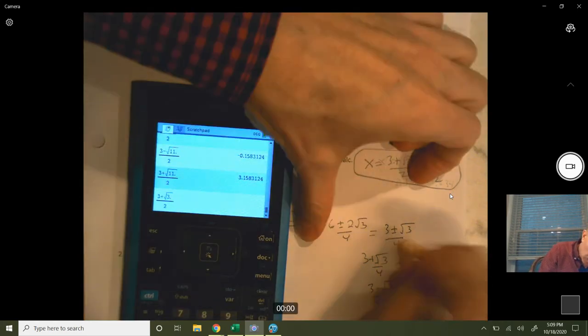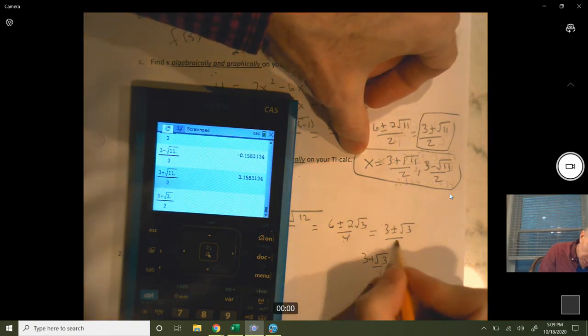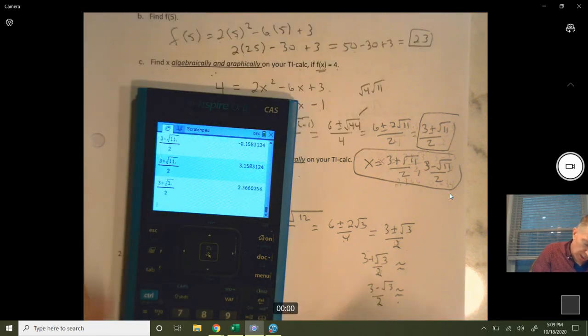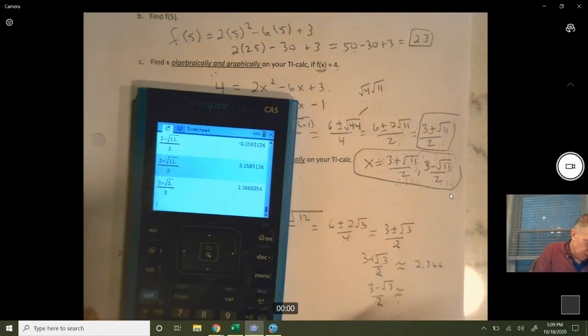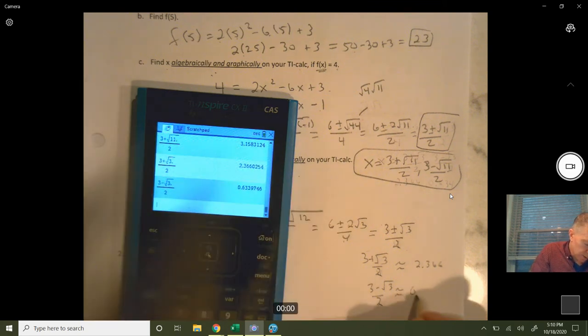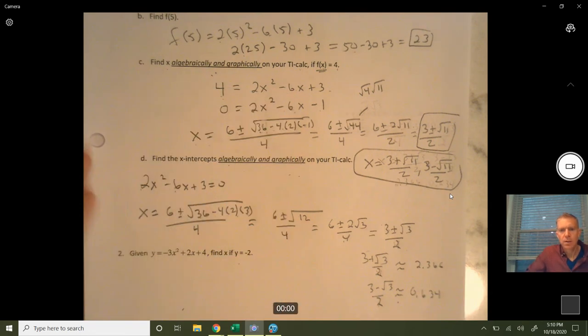Up here when we reduce that, that should be over 2. Divide by 2, divide by 2, divide by 2. Okay, and so we get, this one was 2.366, and this one, change that to a minus, .634. Okay, let's check that on the graph.